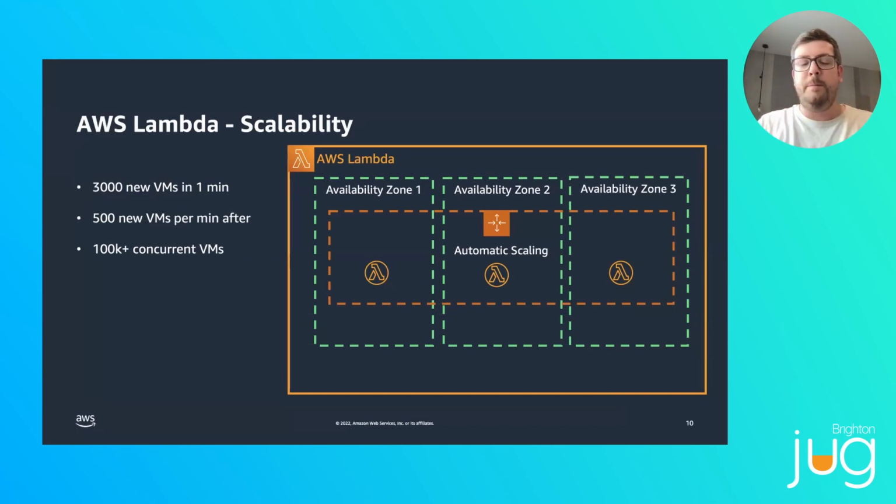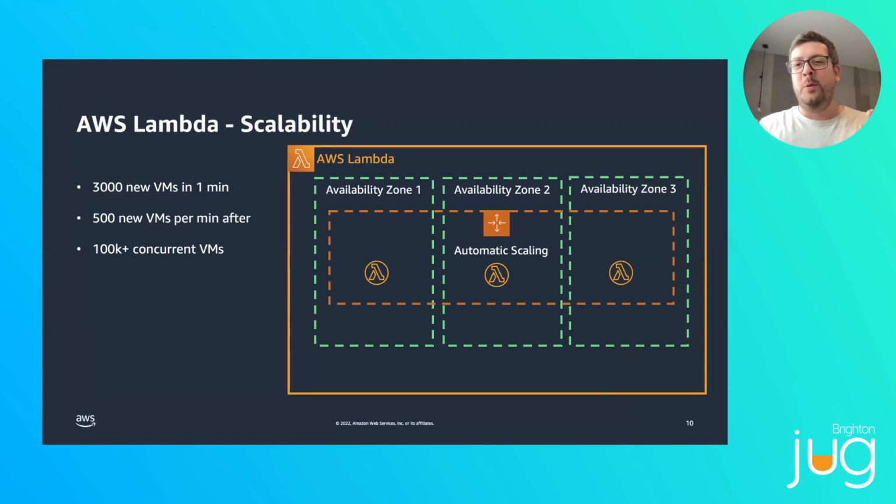If an extra peak of traffic comes into the system, we will keep scaling up your function to handle that traffic. There will never be a period where there are too many requests and it's busy scaling up and not able to take the traffic.